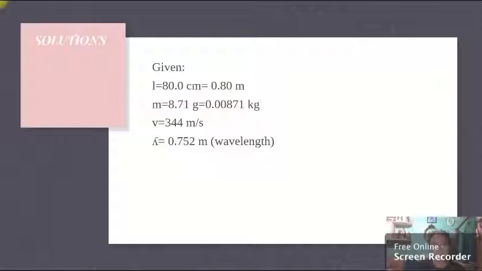The given that we have is the length, which is 80 centimeters. We're just going to convert it into meters, and we're going to have 0.80 meters. The mass is given also, but in grams, so we need to convert it to kilograms, and we will have 0.00871 kilograms. And v, which is 344 meters per second, and lambda, or the wavelength, which is 0.52 meters.